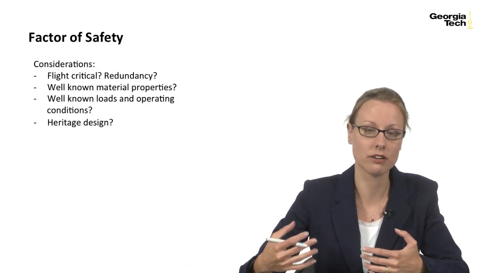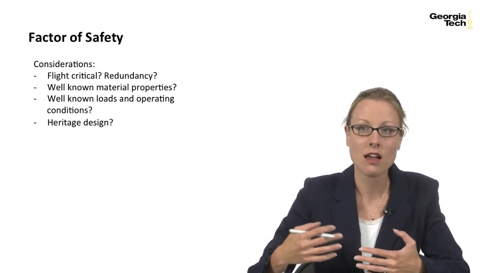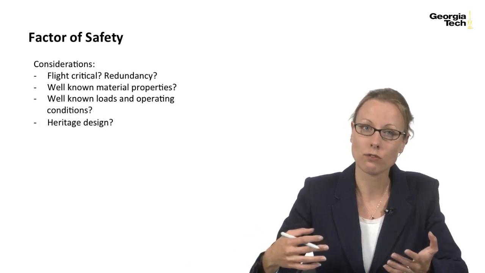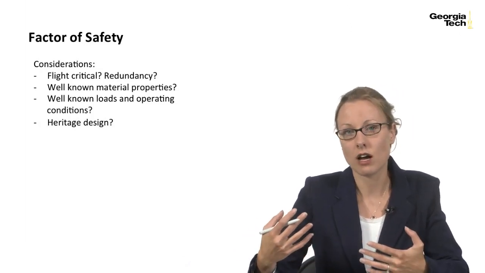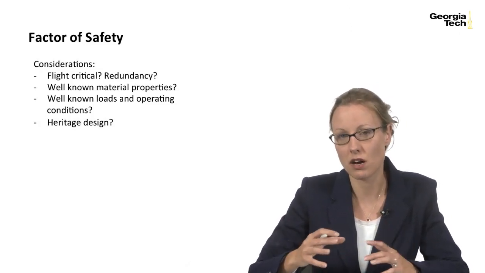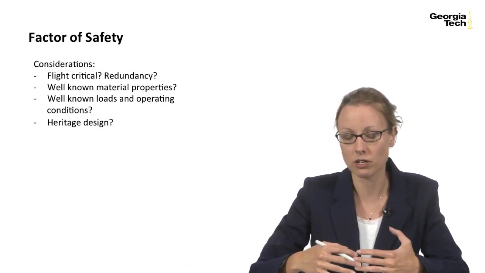And then, is it a heritage design, which just means have you utilized this design before? Is there a lot of knowledge and testing already surrounding this design and you're just modifying a few things to go forward?